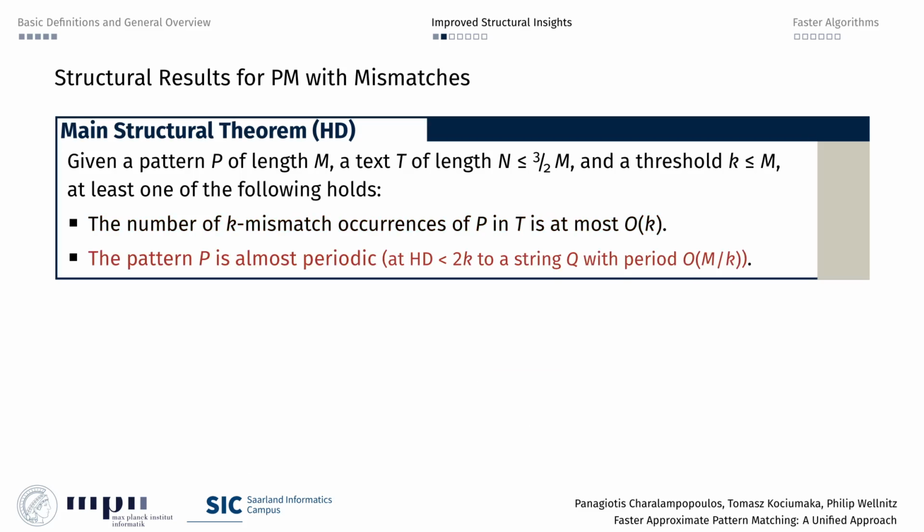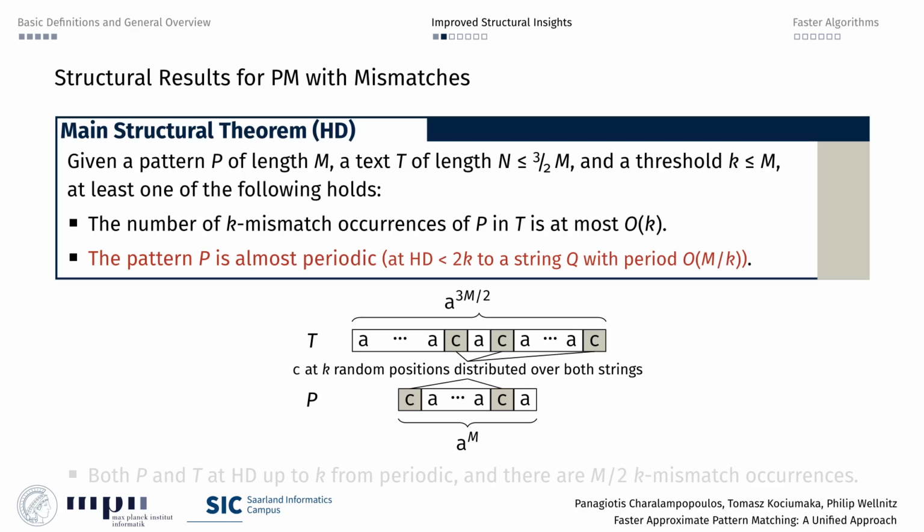Second, consider the almost periodic case. Take a look at this example. Start with the all-A string for both T and P, and change in total k random positions in T and P to a C. So both T and P are, with high probability, again not periodic.